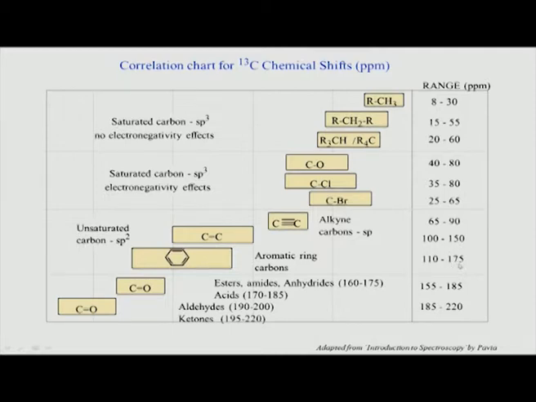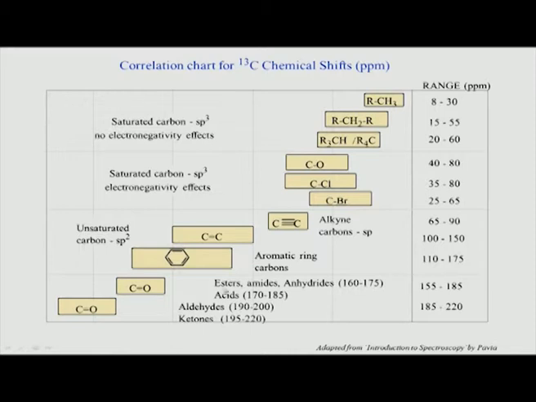Typically 175 is a little on the extreme, but typically 115 or 120 to 150 is the range for aromatics. So, if you get peaks in this portion of the carbon spectrum, you can be confident that there is an aromatic ring present in the molecule. We will use these ranges as we analyze more carbon NMR spectra.